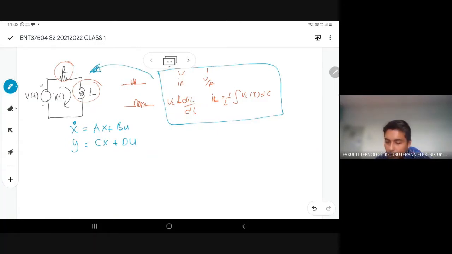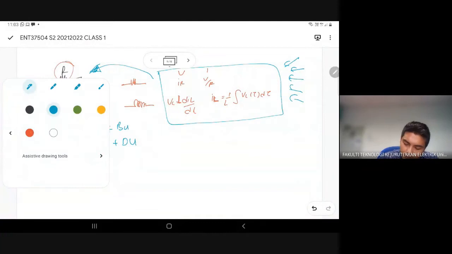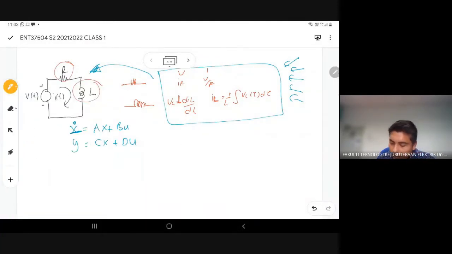So you need to determine what your X dot is according to this. Anyone would like to try, what is your X dot?